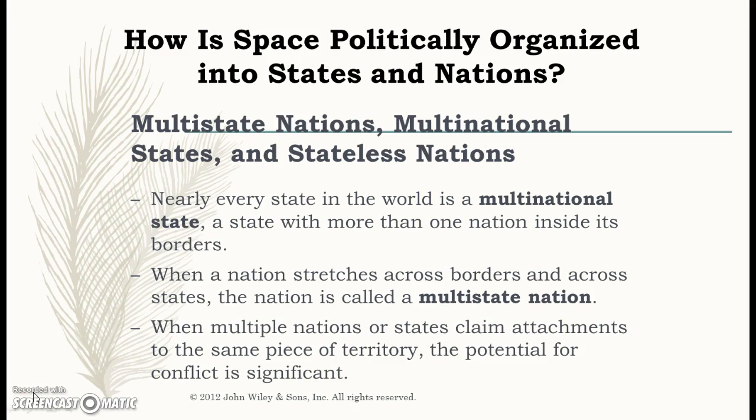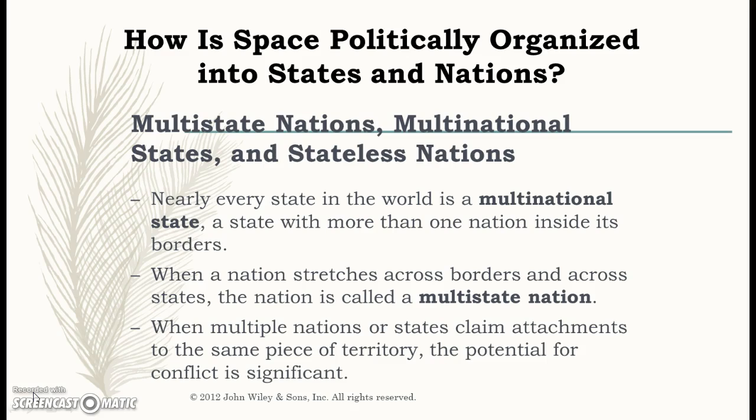When the nation stretches across borders or across states, on the other hand, so we've got a cultural group that's not within one state but rather within several, we call that a multi-state nation. Okay, so it's a cultural group that stretches across political borders.